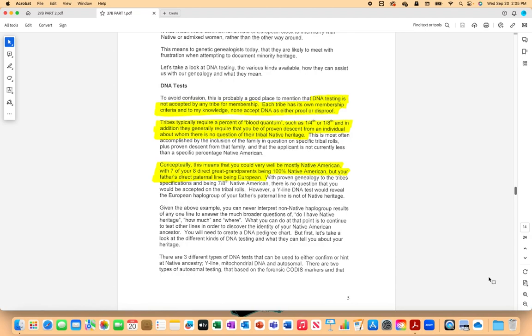Go back and look at my previous shows. This is about DNA ancestry results. Conceptually, this means that you could very well be mostly Native American, with 7 of your 8 direct great-grandparents being 100% Native American, but your father's direct paternal line being European.